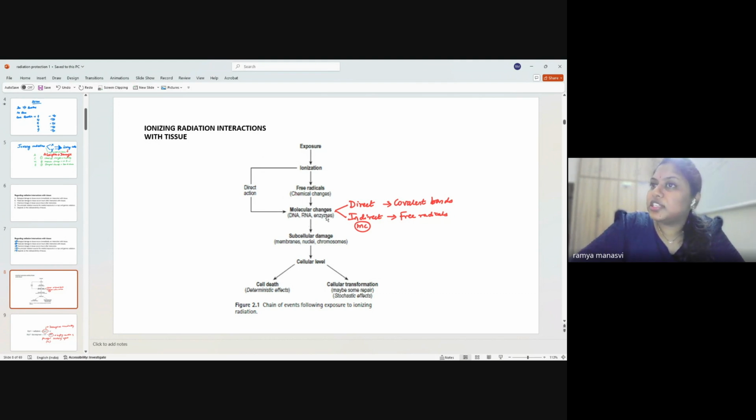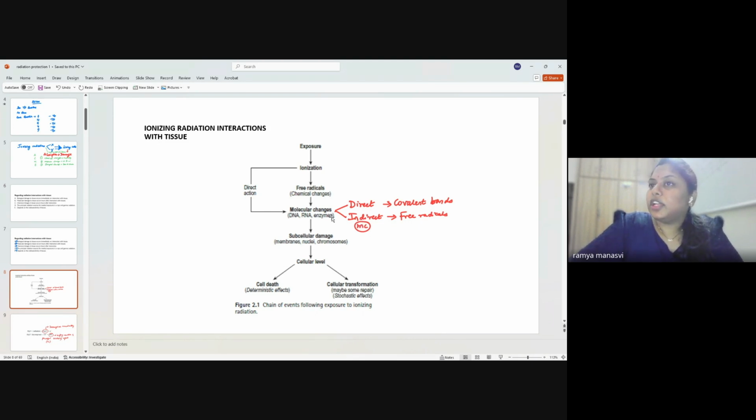These molecular changes can happen either directly by disrupting the covalent bonds or indirectly by producing free radicals. This is the most common because obviously the human body is mostly made up of water. So there will be more free radicals coming, and so there is more indirect effect with the tissues than the direct effect.